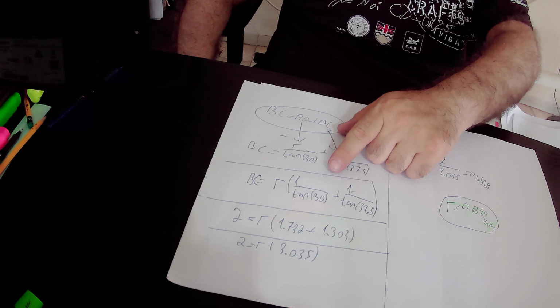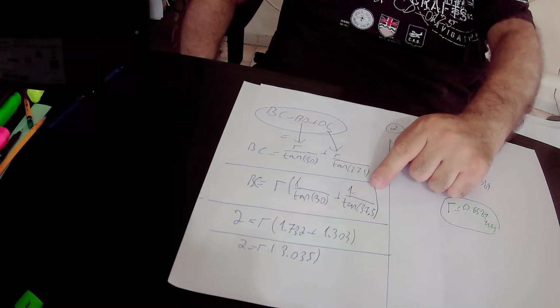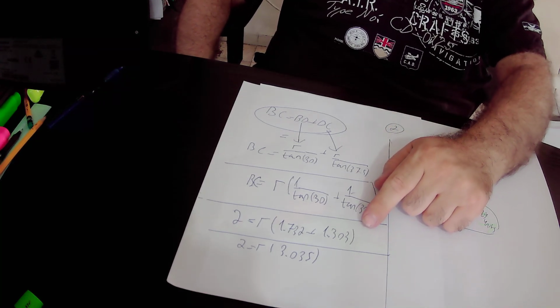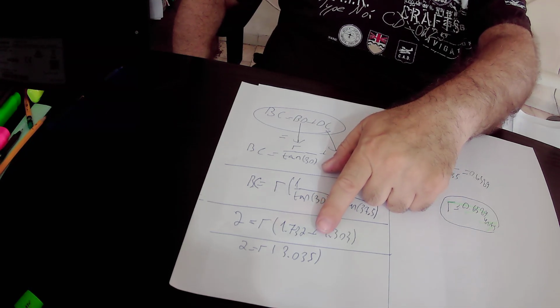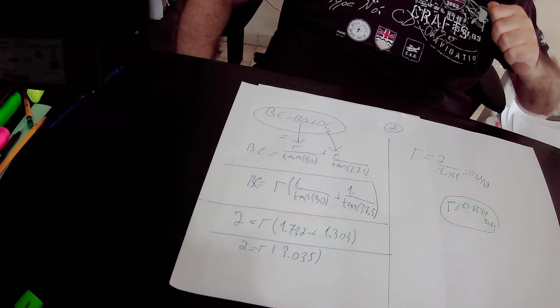1 over tan 30 degrees is 1.732 and 1 over tan 37.5 degrees is 1.303. And the sum of those two numbers is 3.035. So 2 equals R times 3.035.